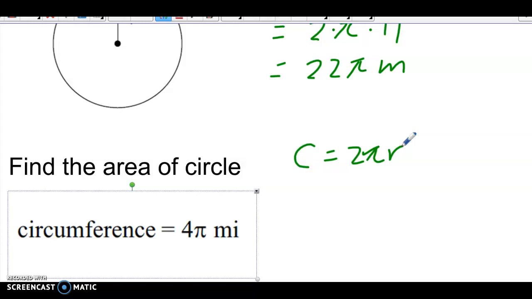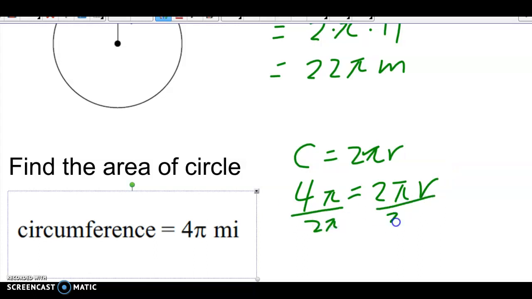So we plug in the numbers. 4 pi equals 2 pi r. In this way, we divide 2 pi on both sides. So we will have divided by 2 pi. So cancel. That means 2 equals r.